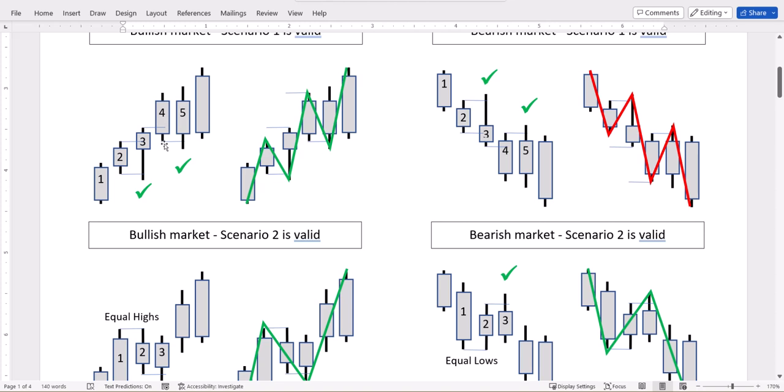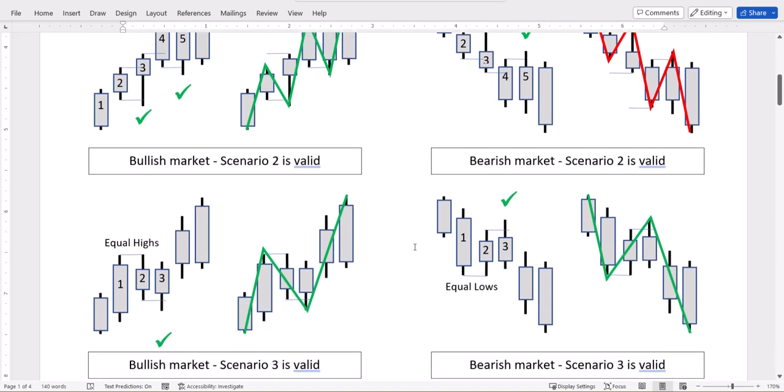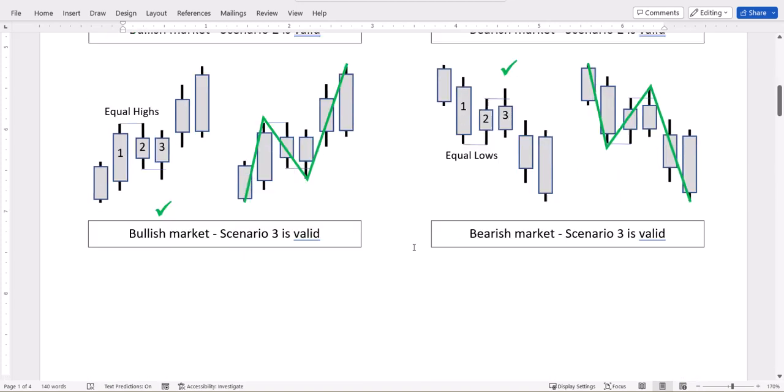So now that would be a high and a low. And if you look at the zigzag here, this is how that would look on the chart. And inverse over here on the right for a bearish market. I'm going to go to scenario 3.